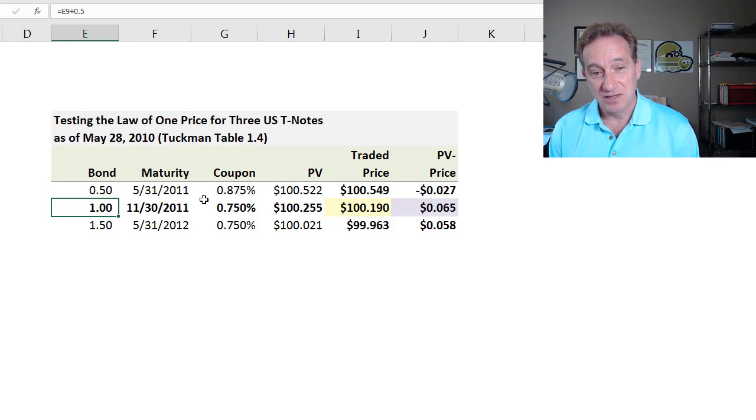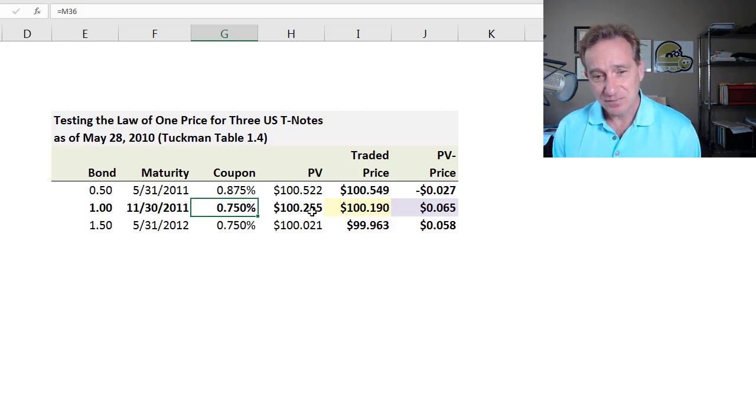So now we have 3 different bonds, but I'm just going to highlight a 1-year bond here. This bond is different than the 1-year bond in the previous table that informed the discount function. This bond has a 3/4% or 0.75% coupon.